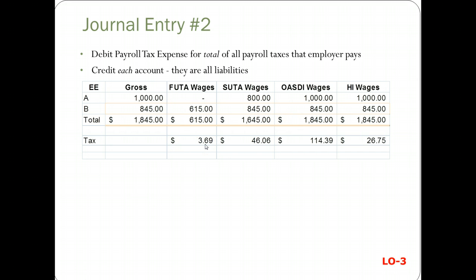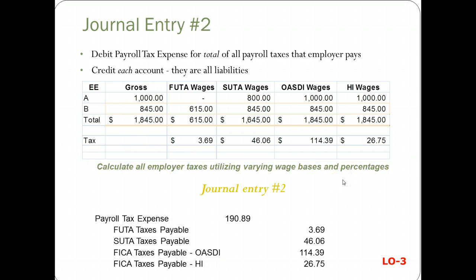This would be .006, and I don't know what the percentage is for the SUTA, but it doesn't really matter for purposes of this example. And this is the 6.2%, and this is the 1.5%. So the journal entry, payroll tax expense, is the sum of all of these three, 190.89, and then these are just all payables: FUTA, SUTA, FICA, and FICA payable.